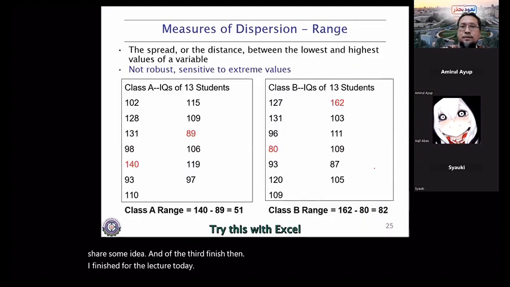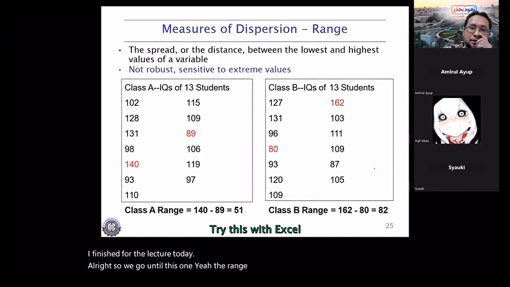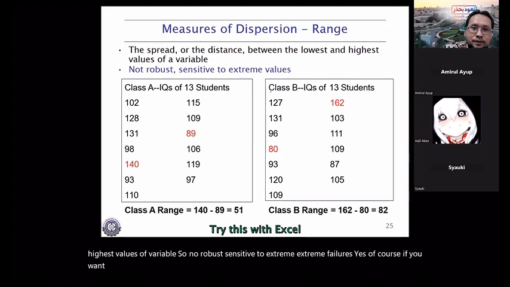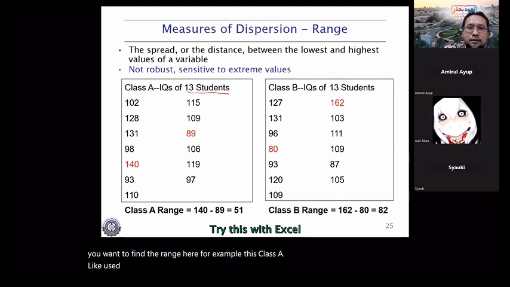All right, so we go until this one, the range: the spread or the distance between the lowest and highest values of a variable. It is not robust, it is sensitive to extreme values. Of course, if you want to find the range, for example for class A IQs for 13 students, the lowest is 89 and the highest is 140.